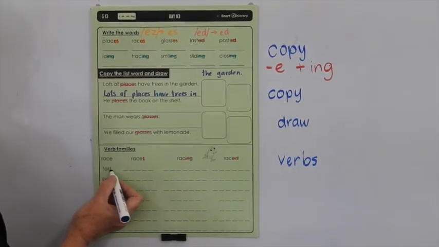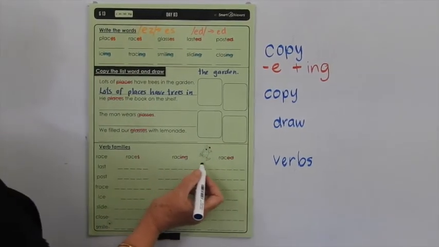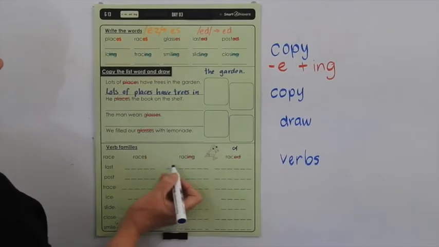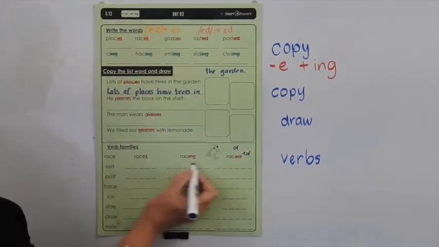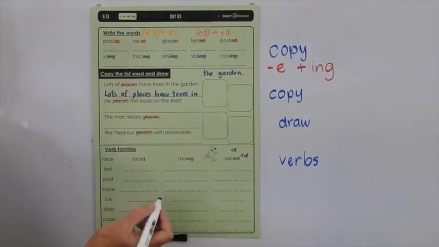Whereas lasting ends in a T, so we don't have to take away that last letter. It's only if it ends in an E. Raced, if the E is already there, we only have to add the D, but if the E isn't there, we will have to add the ED. So lasted, posted, etc. So put some lines there to help you along the way.